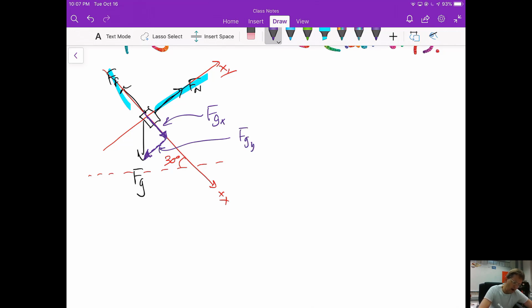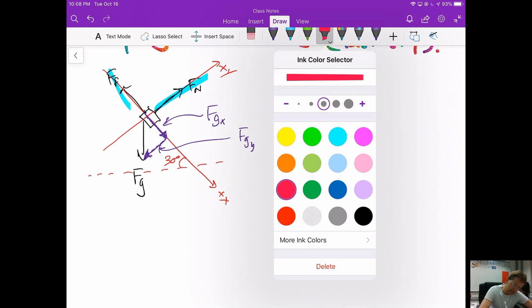Now, 30 degrees, now careful here. Notice that, how can I show this? I wish I had a laser pointer here. I'm going to go ahead and point at it and then erase it.